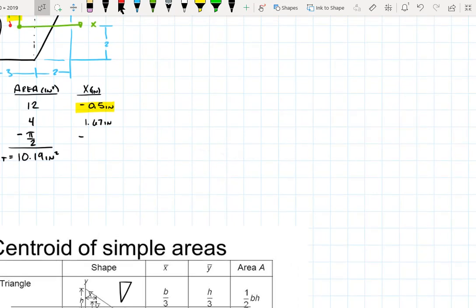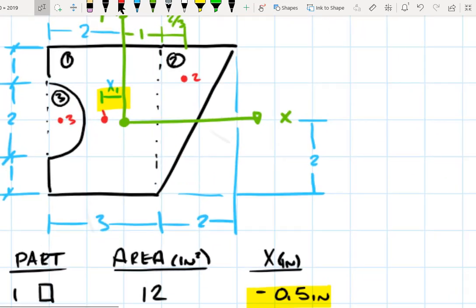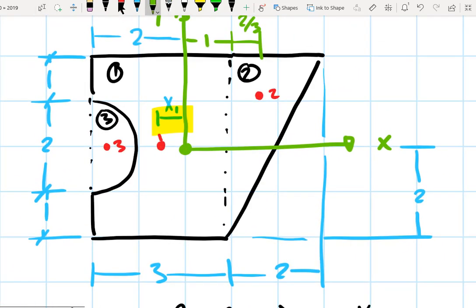So on my picture that is that little distance. What I really want to know is 2 minus y bar. So that's what they have as y bar, but I want this distance. They labeled it y bar, but I'm using it in the x direction though.